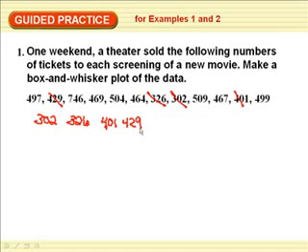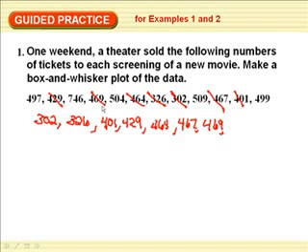This is probably the worst part, putting them in order. 464 right here. 467. I guess I could put commas in between them so they don't look like one big old number. 469 right here. 497 right here.